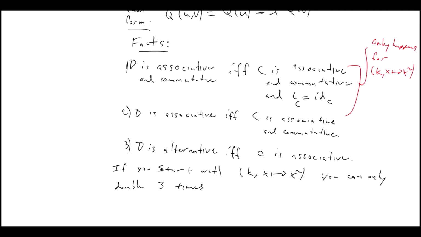Sorry, what I should say is you can only double 3 times and get a composition algebra. And this is because composition algebras are alternative.